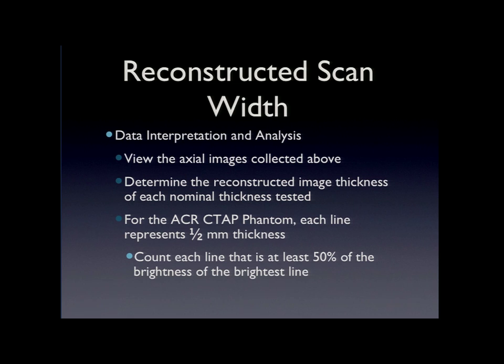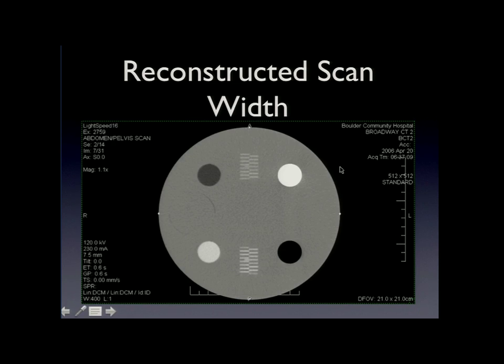With the ACR Phantom, each one of these rods that are here is about a half of the measurement. You want to look at all of these and find the brightest, and then you look at the full width half max, so to speak. You count all of those rods that are showing up that are at least half as bright as the brightest, and then divide by 2, and that will give you the slice thickness.